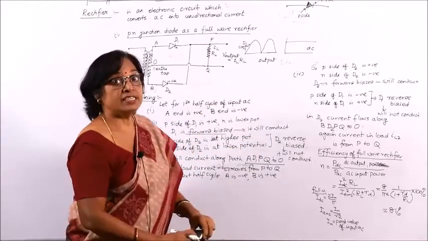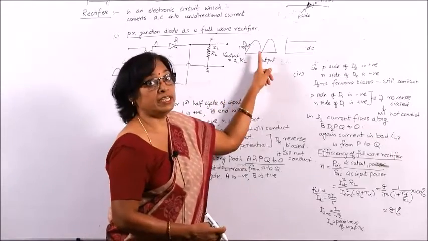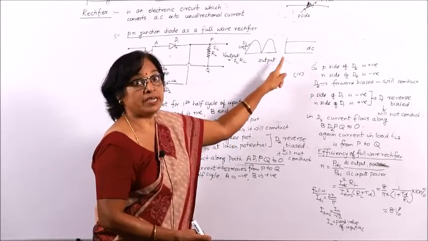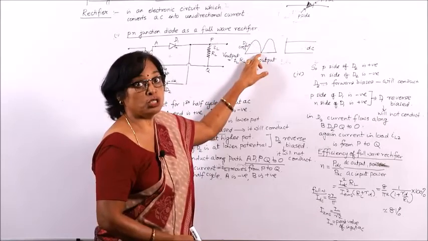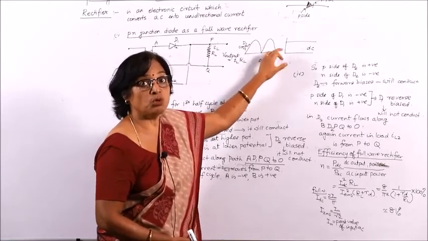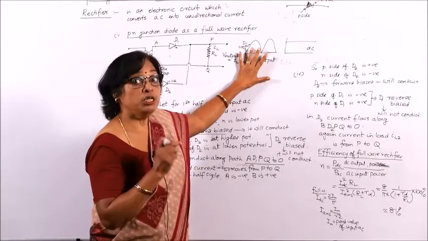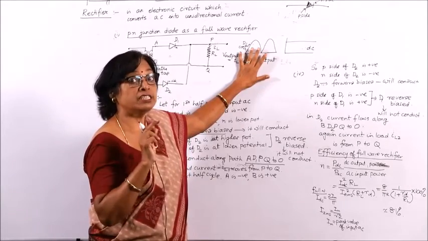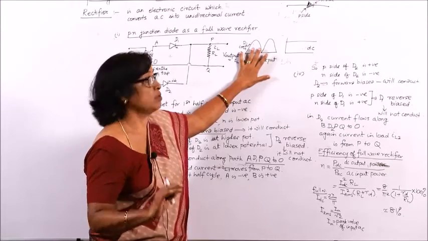The only disadvantage of this output is it is fluctuating, it is pulsating, it is not constant. The value increases to maximum, then decreases to 0, again increases to maximum and so on. So, it is not a pure DC, it is only unidirectional; it goes in the same direction and does not reverse its direction.